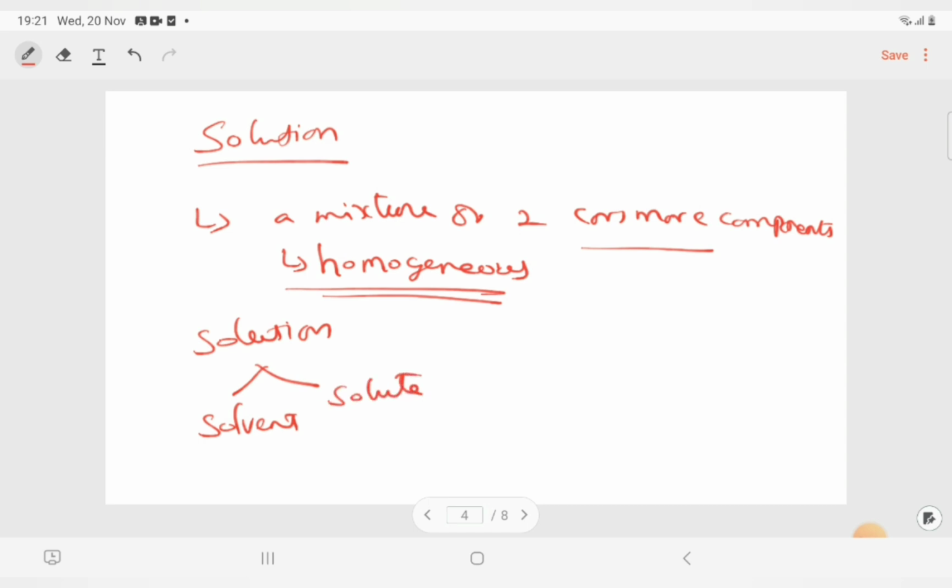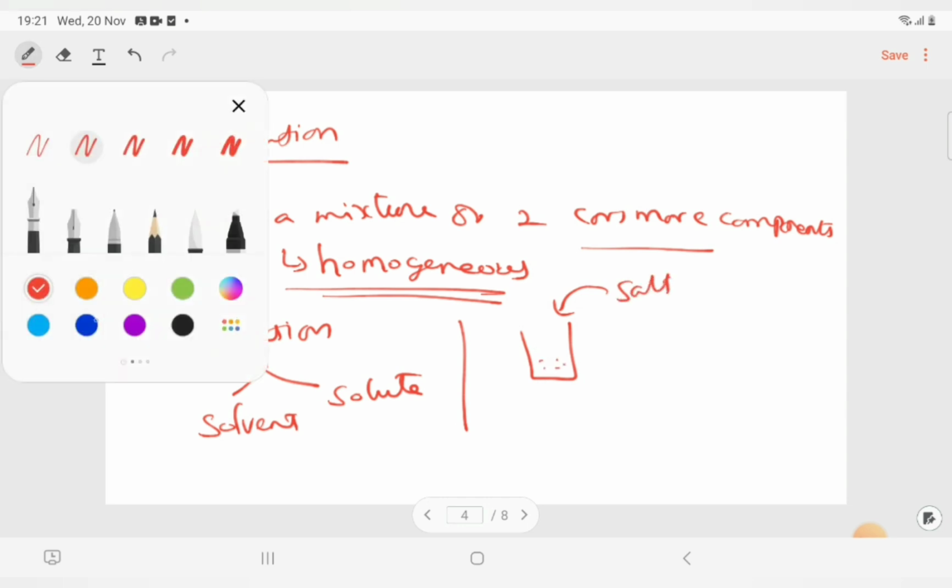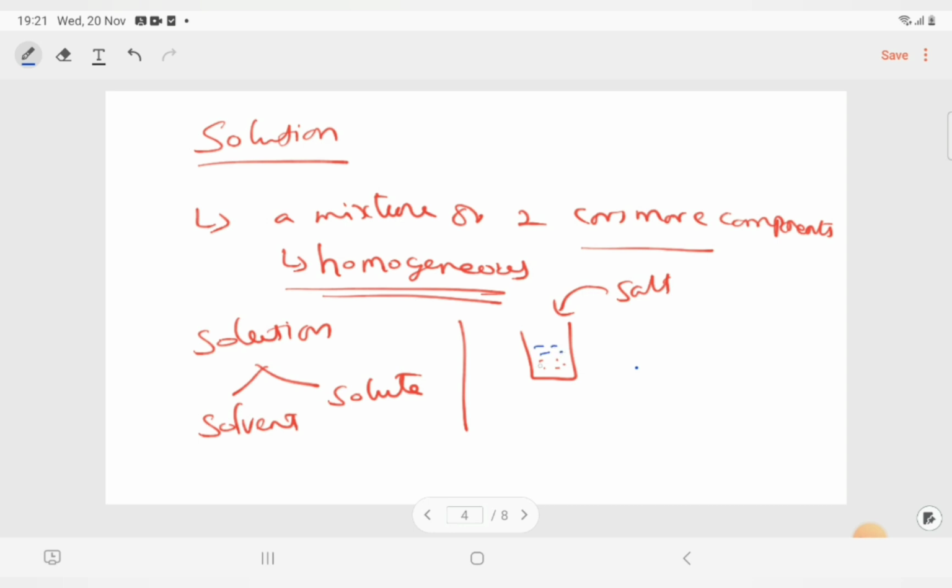Okay, so let's imagine you are trying to make a salt solution at your home. Let's imagine you are taking table salt and you are adding some water to it. In this case, you have added only one solute.